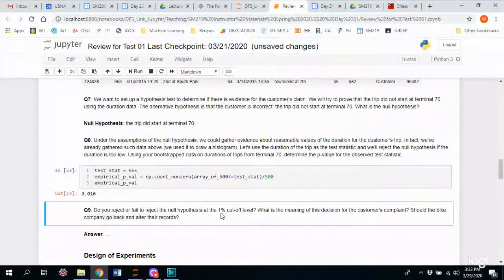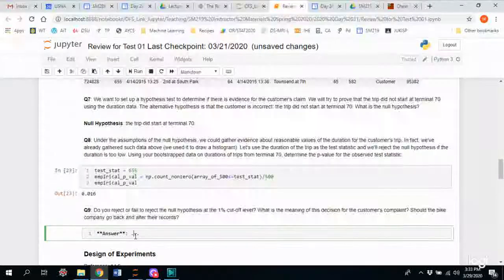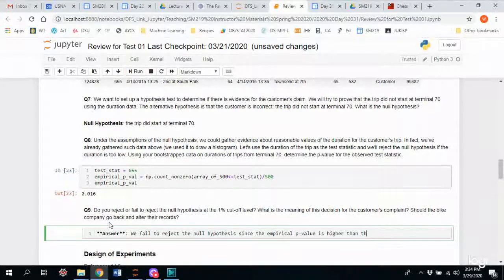So that means that we fail to reject the null hypothesis, since the empirical p-value is higher than the cutoff level.